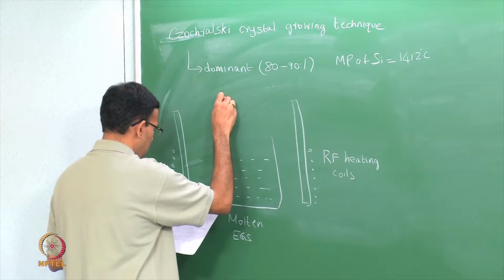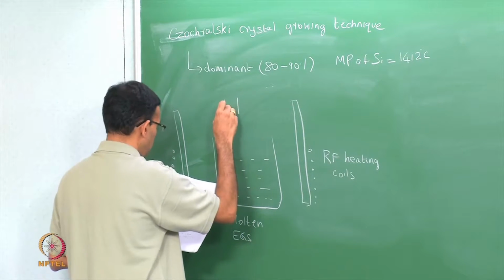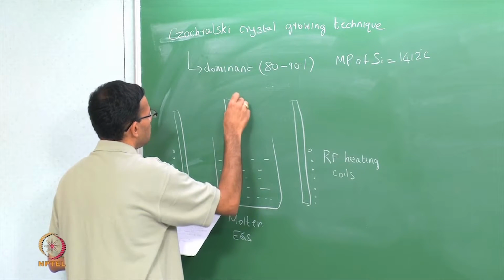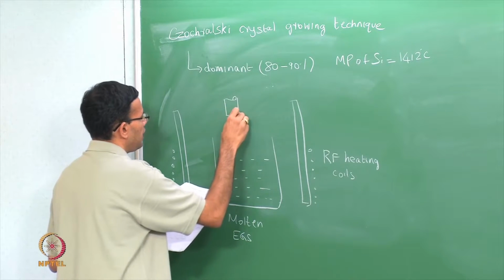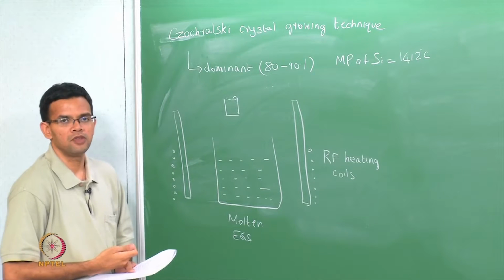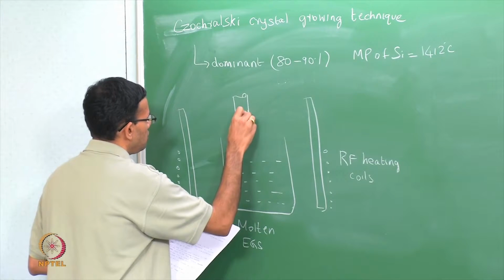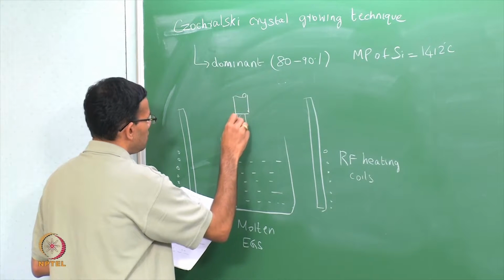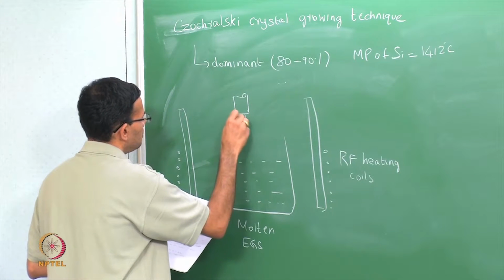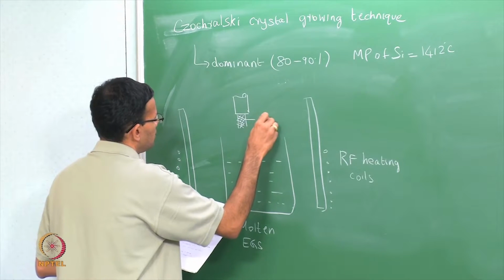Then a seed crystal is taken. The seed crystal has the right orientation of what we want. So, if you want silicon 100, you take a seed crystal with the 100 orientation, and so on for other orientations.